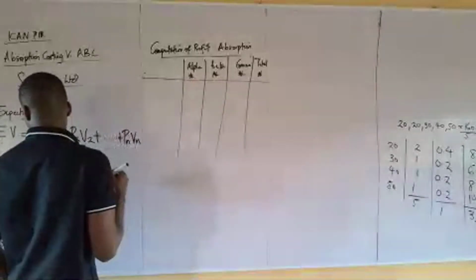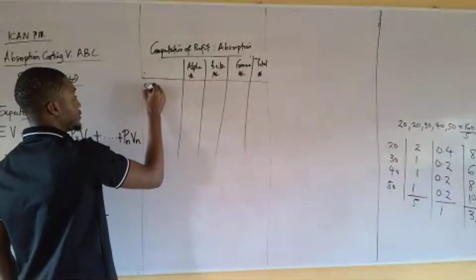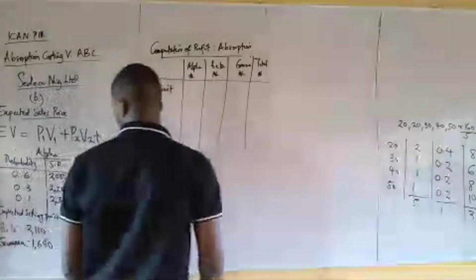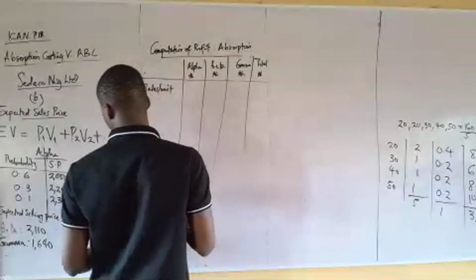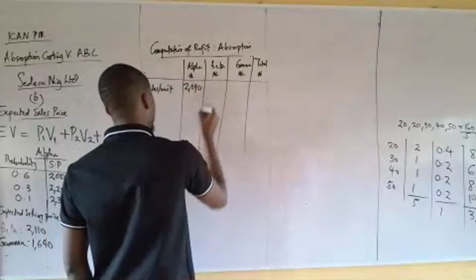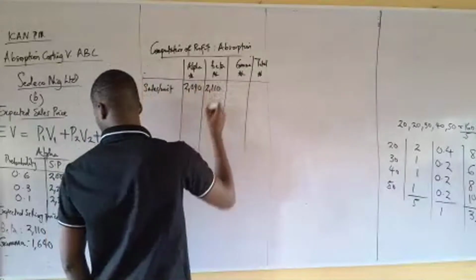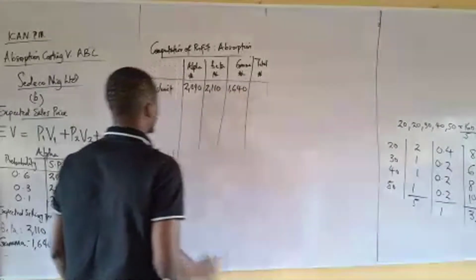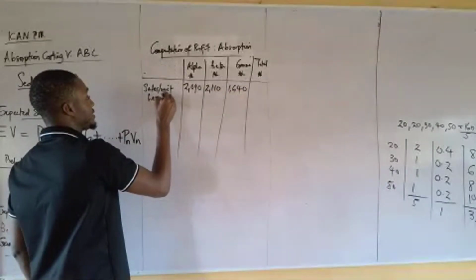So I will start from sales. Selling price per unit for alpha, expected selling price as we've gotten is 2090, right? Yes. For beta is what? 2110. And for gamma is 1640.